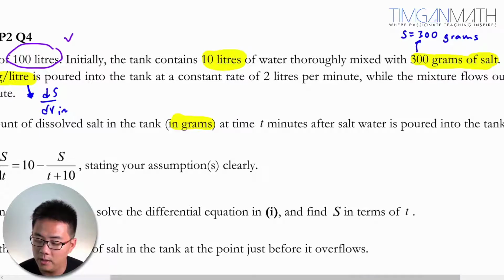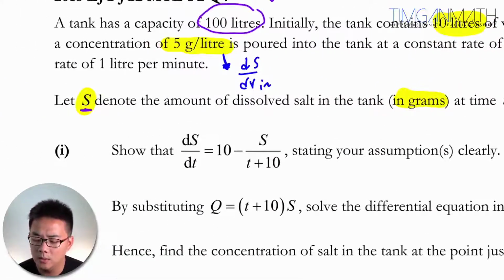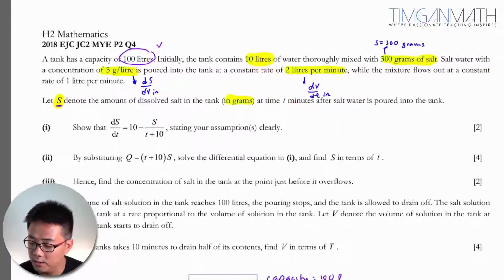It's poured in at a constant rate of 2 liters per minute, which means this is dV/dt in. While the mixture flows out at a constant rate of 1 liter per minute.